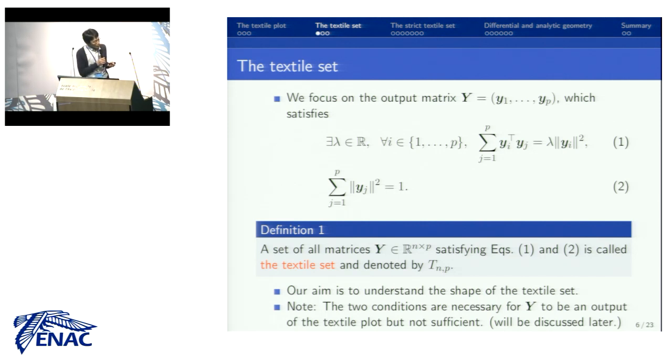I have to note that these 2 conditions are necessary for the output of the textile plot, but not sufficient. I will discuss the sufficient and necessary conditions later.